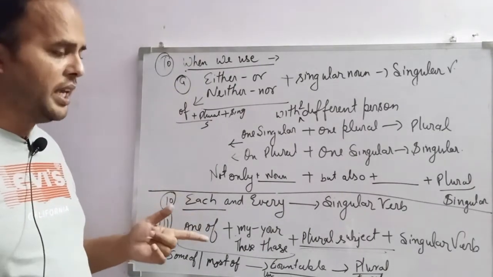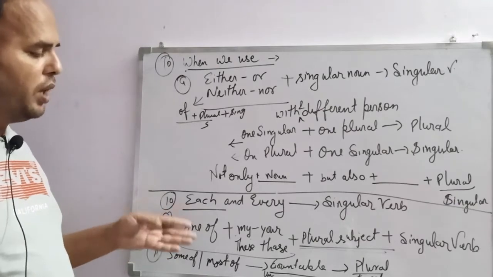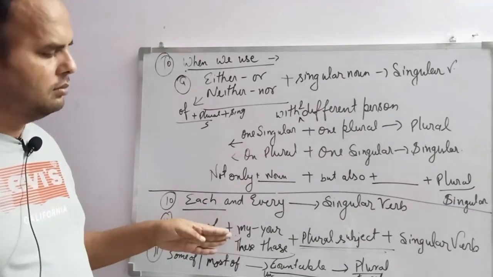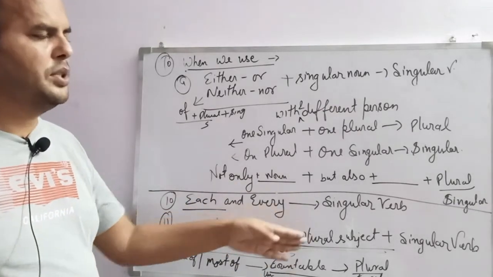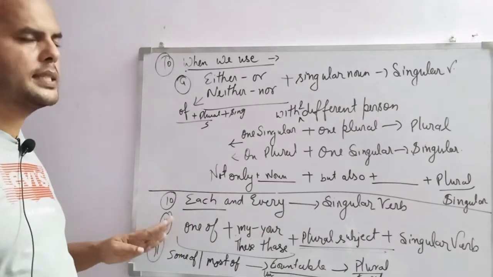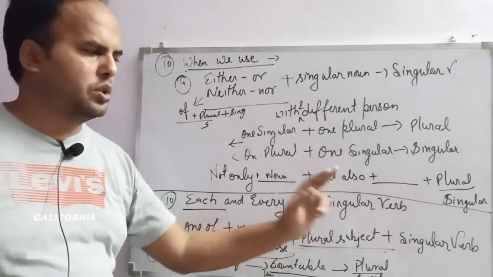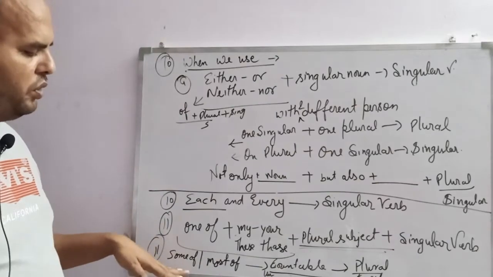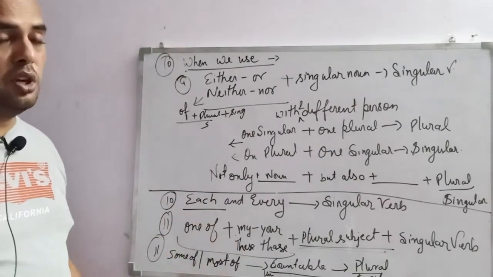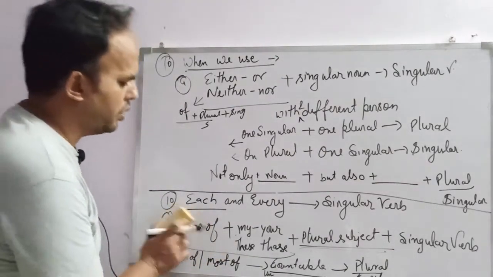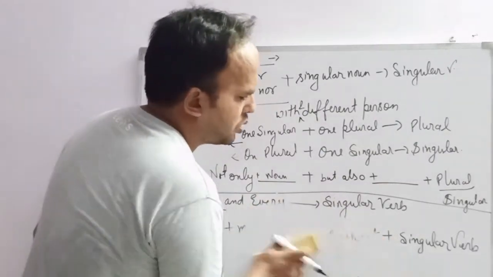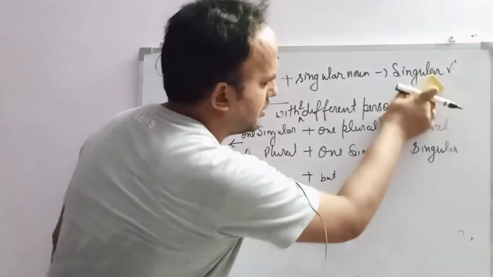The next rule says, if we use one of with any plural subject, we are going to use a singular verb, and we will understand this with an example. And if we use some of and most of, how do we use them? We are going to understand with the examples. So let us talk about the examples.